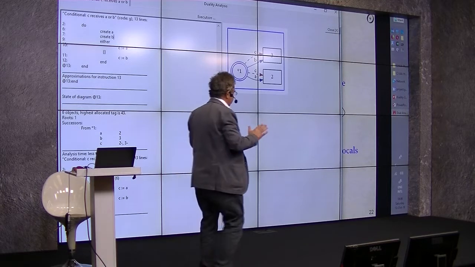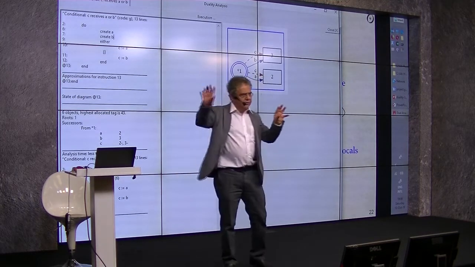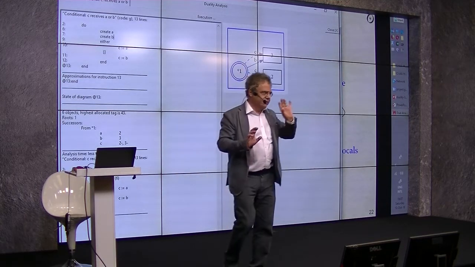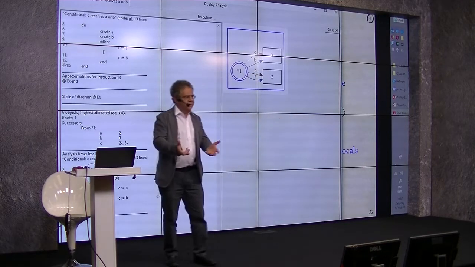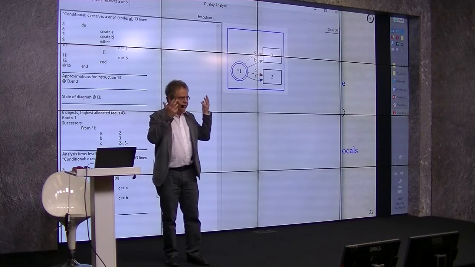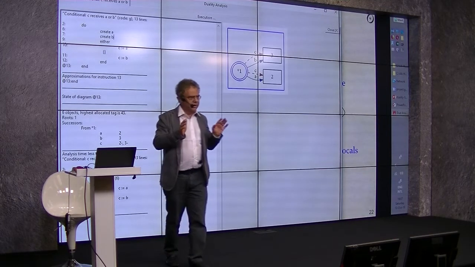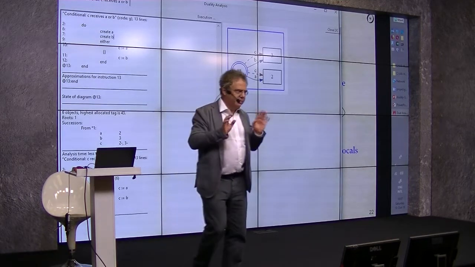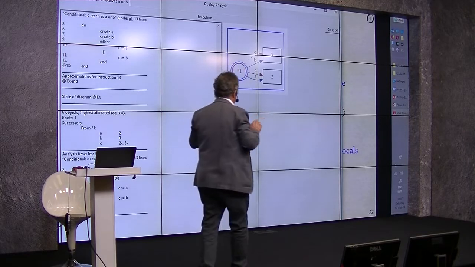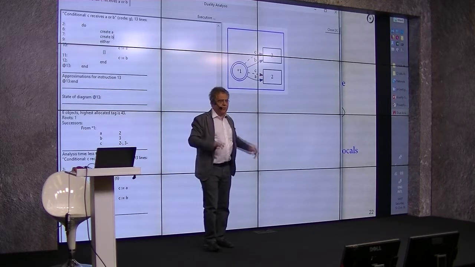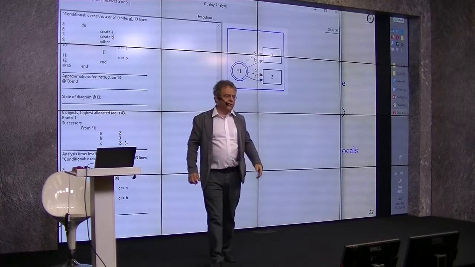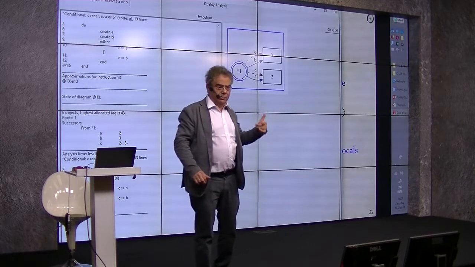Now, initially, I had an implementation that separately computed the under and the over approximation as two different diagrams. And then I thought, look, this is stupid because everything that's in the under approximation is also in the over approximation. So now I have a single diagram, but it actually makes things quite complicated internally. And so the dashed lines correspond to references that are there only in the over approximation.